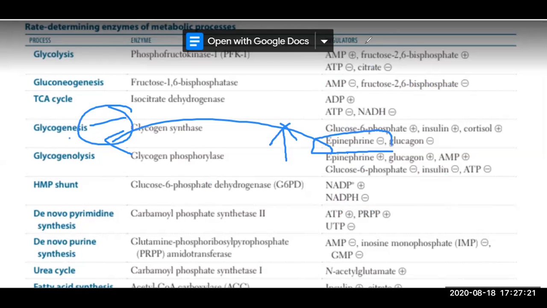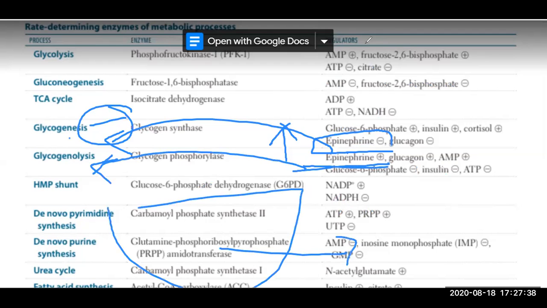But epinephrine will promote glycogenolysis because epinephrine is secreted in a fight or flight in sympathetic nervous system, and we need more energy in sympathetic activities. So we will be breaking this chunk into smaller pieces of glucose. You get my point? So this is how we work.